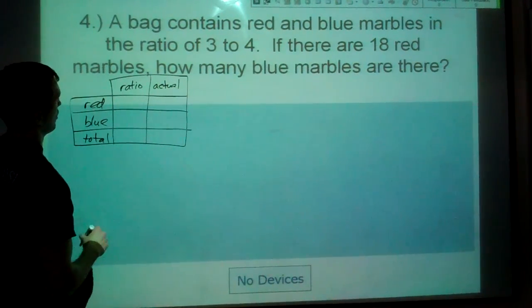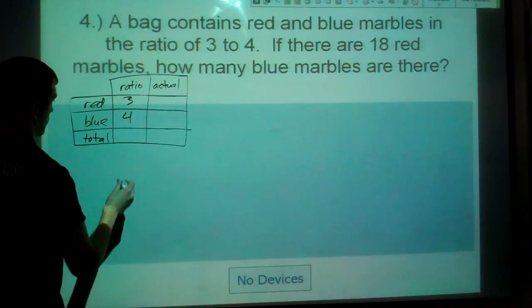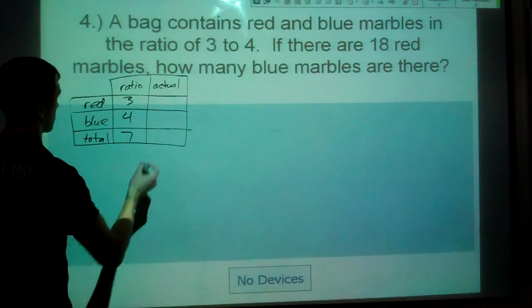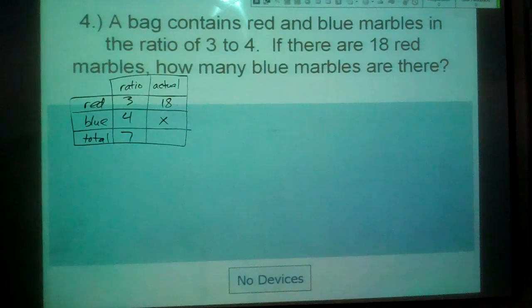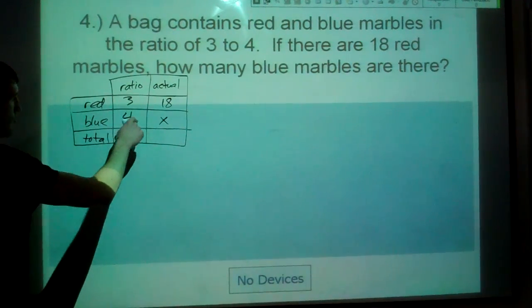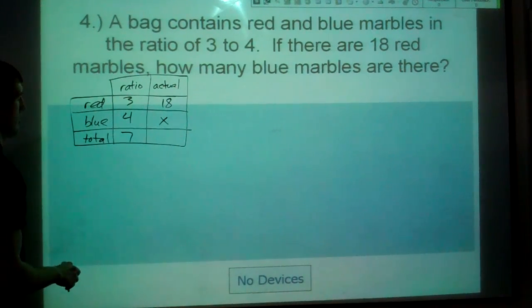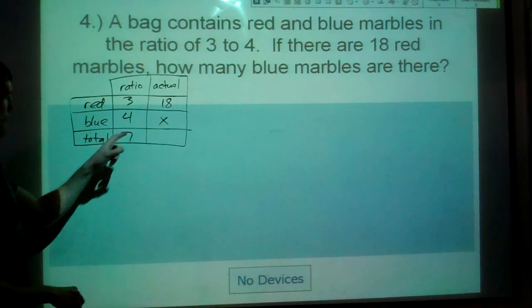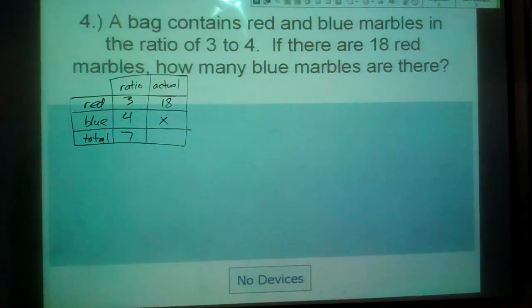Ratio, red to blue, 3 to 4. Total is 7. It says there are 18 red marbles. How many blues are there? You could do 4 times 18 divided by 3, cross multiply and divide. Or just notice that 3 times 6 gets you to 18, so 4 times 6 should get you to 24. So we should get 24 blues there.